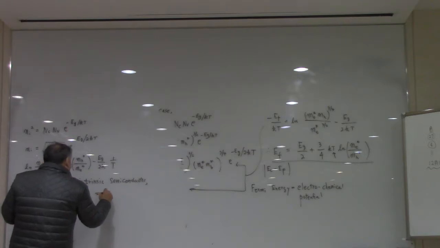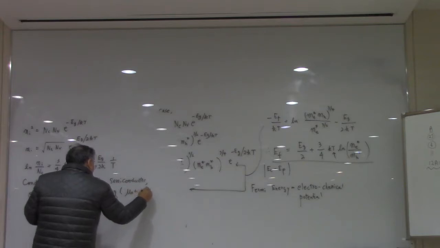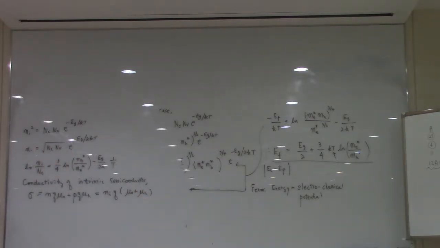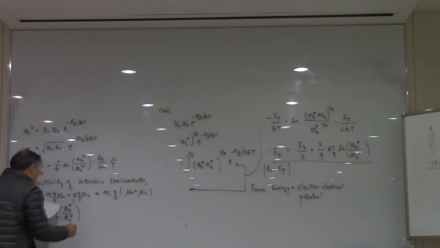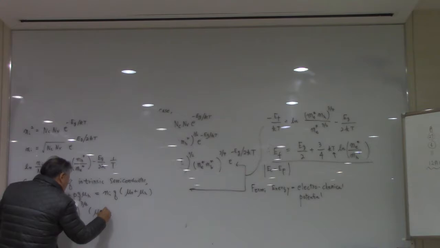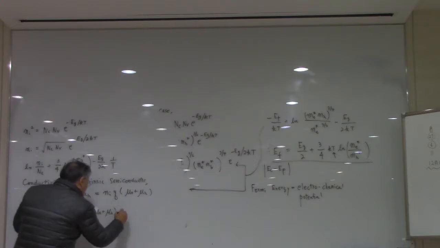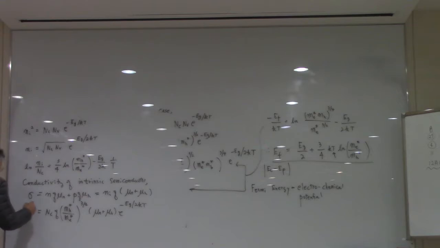Then it's going to be Ni q, mobility of electrons plus mobility of holes. Something like this. And then that is going to be Nc q (mh star over me star) to the 3/4, and then mu n plus mu h, and then e to the minus Eg over 2kT. That is the conductivity.